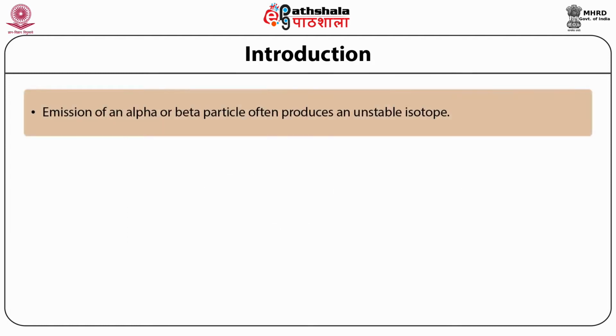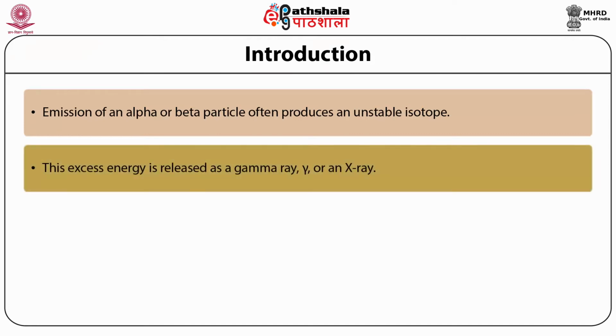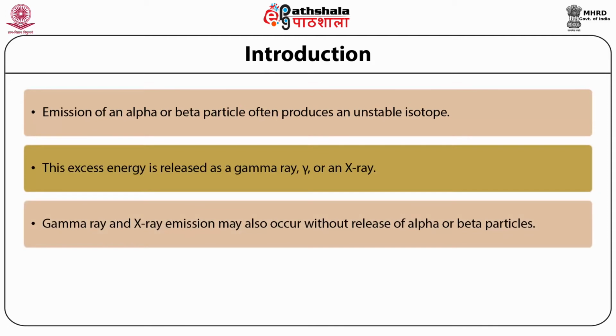Emission of an alpha or beta particle often produces an isotope in an unstable high energy state. This excess energy is released as a gamma ray or an X-ray. Gamma ray and X-ray emission may also occur without the release of alpha or beta particles.